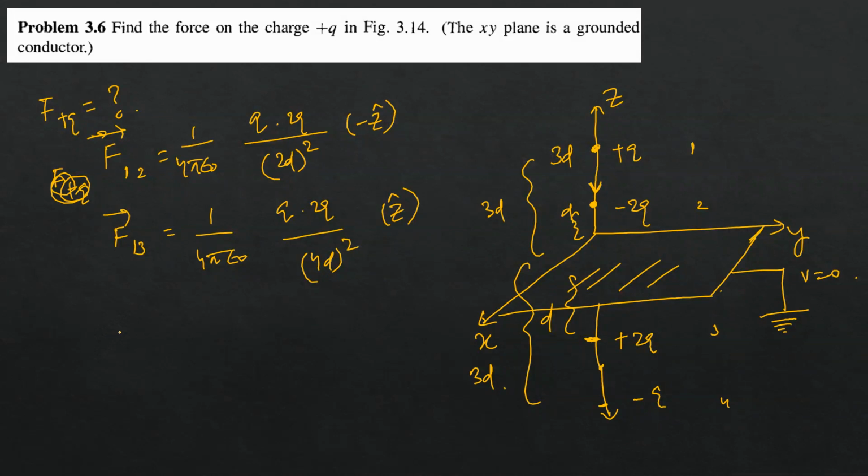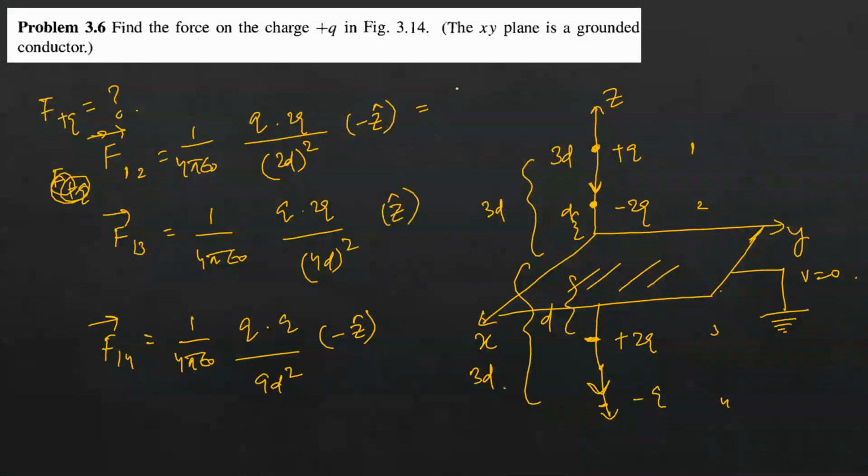Now the force because of 4: 1 by 4 pi epsilon naught, q into q. We'll only take the magnitude, divided by the distance, 3d into 3d, that is 9d square. The direction will be towards minus q because it's negative, that's minus z cap.